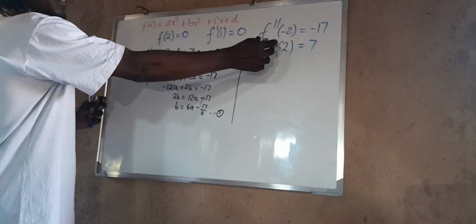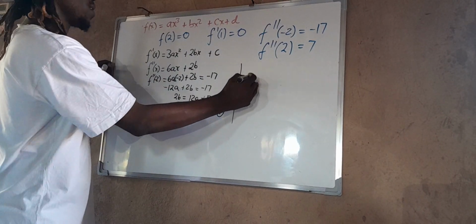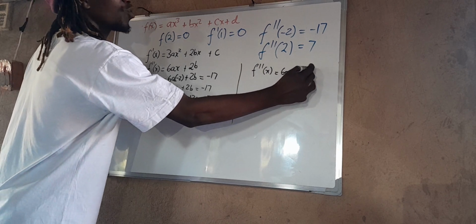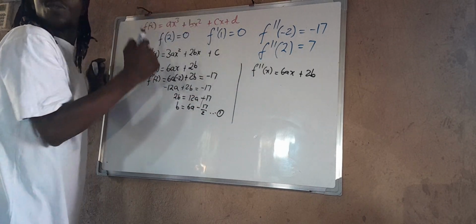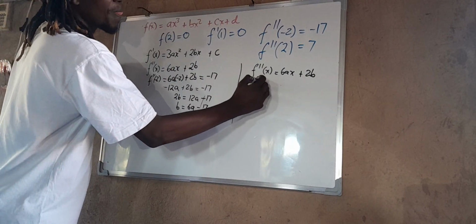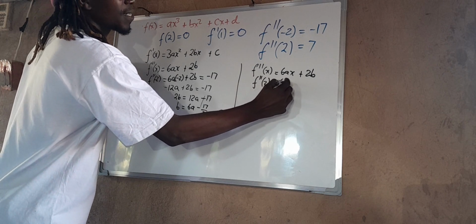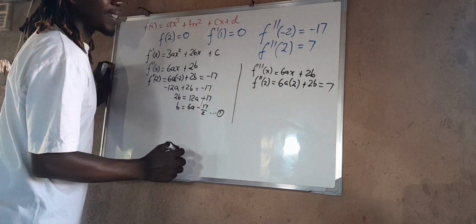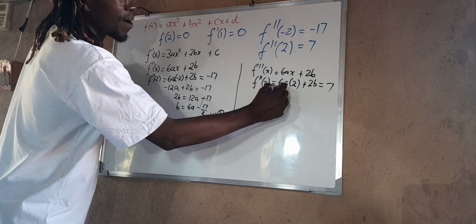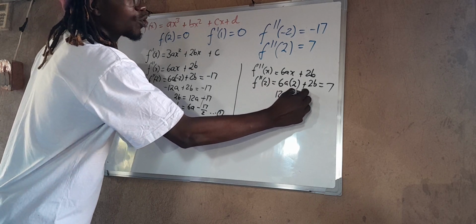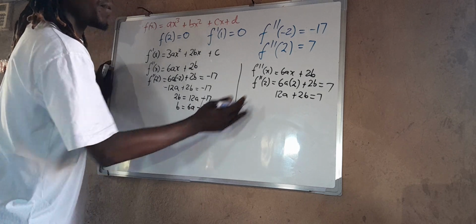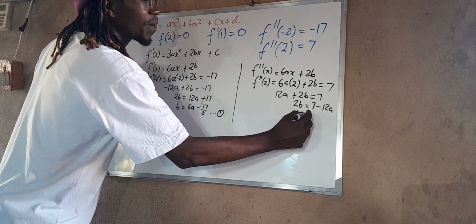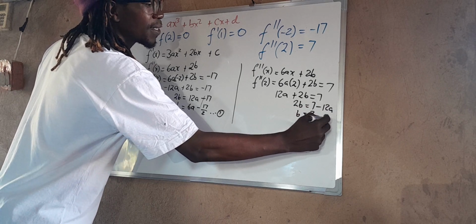So let's look at this now. Our second derivative is 6ax plus 2b. Now if we substitute 2, we are going to get 7, right? So f double prime at 2 equals 6a times 2 plus 2b, which should give us 7. So our 12a plus 2b is equal to 7, and you can take this to that side, so our 2b becomes 7 minus 12a, which means our b becomes 7 over 2 minus 6a.